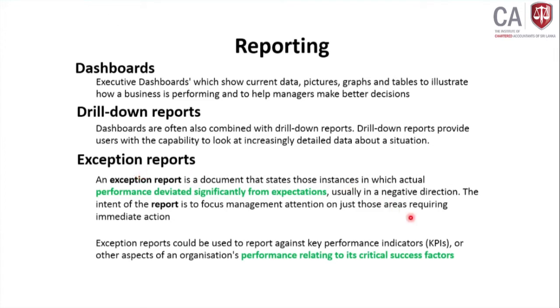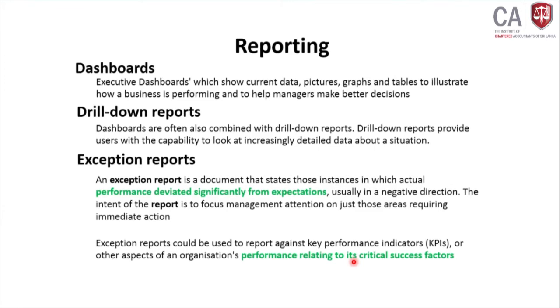Normally it's shown in a negative direction. Usually a negative impact happens to the industry. So that is why we use that one. That is for the attention of the management.